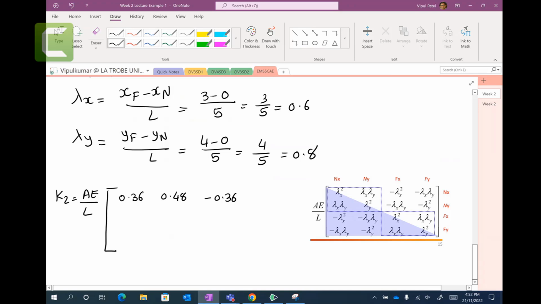Minus 0.36. Okay, this is not like minus 0.6 square. No, it is not positive. Okay, just be careful there. And minus 0.48.